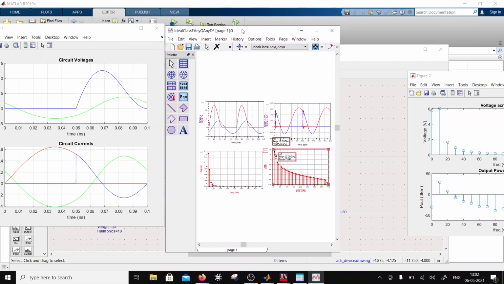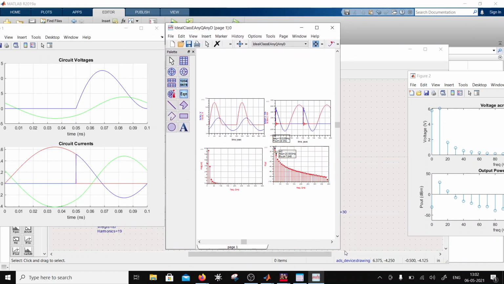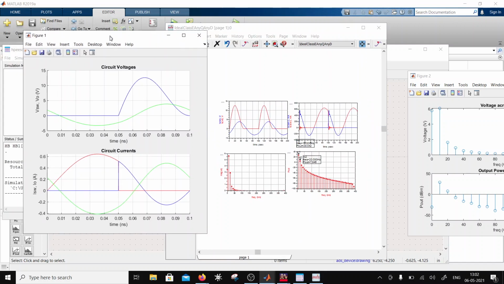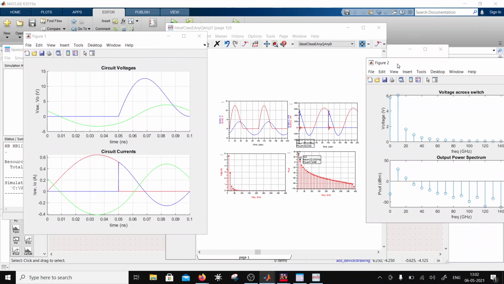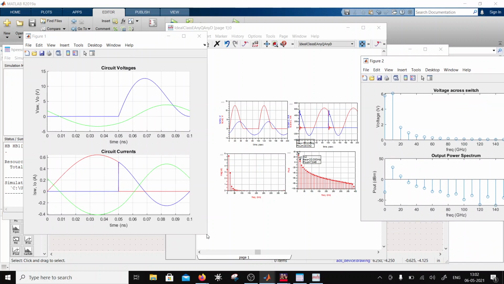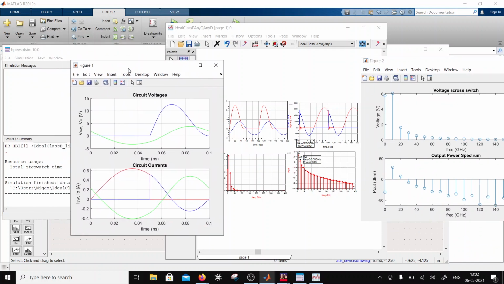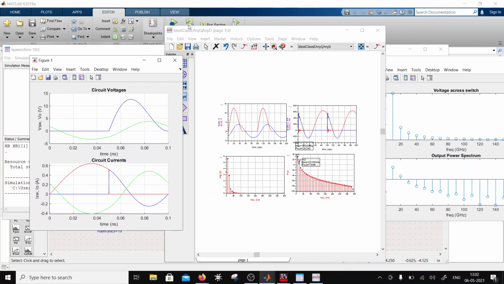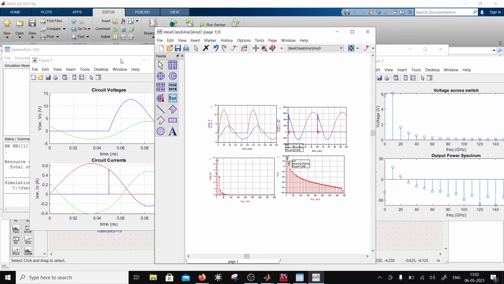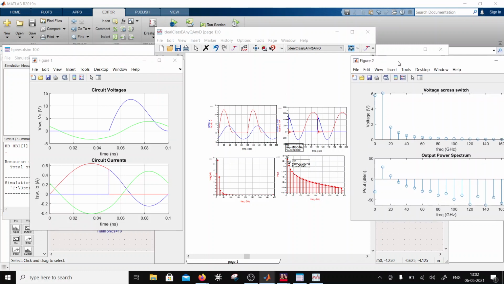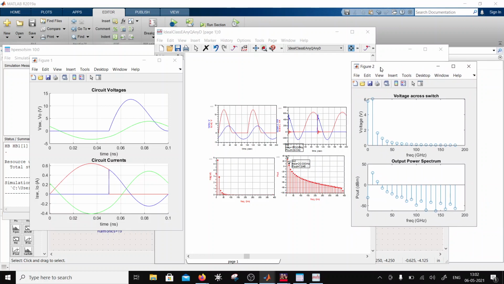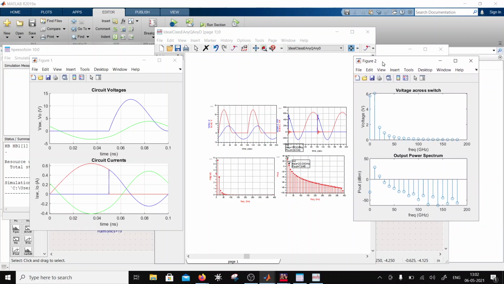So this is your harmonic balance result for the same design, and these waveforms we are seeing are from Matlab.